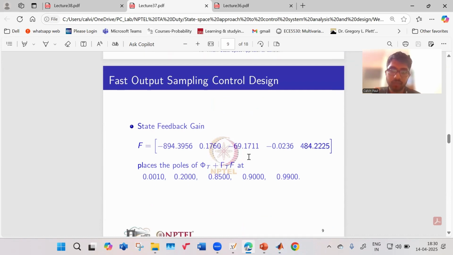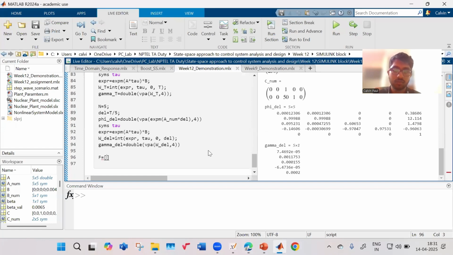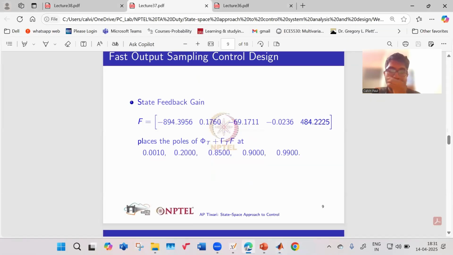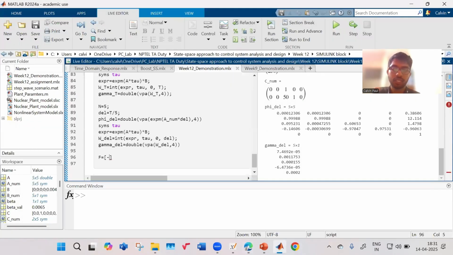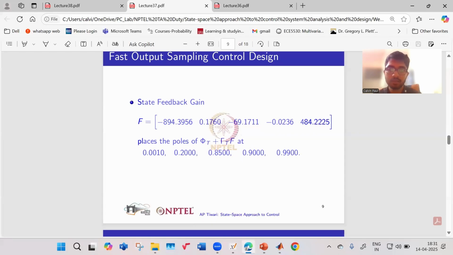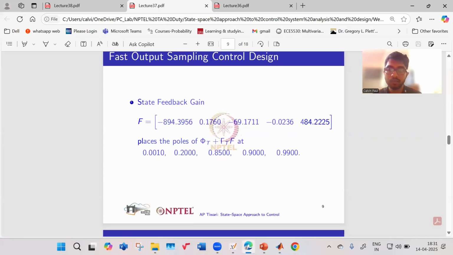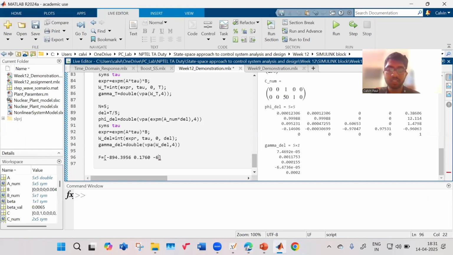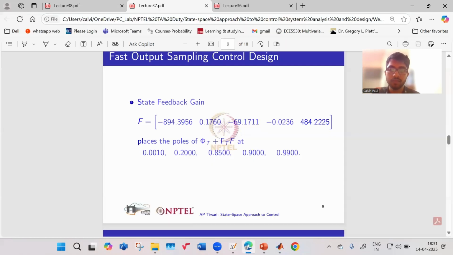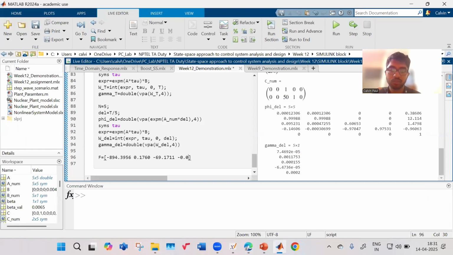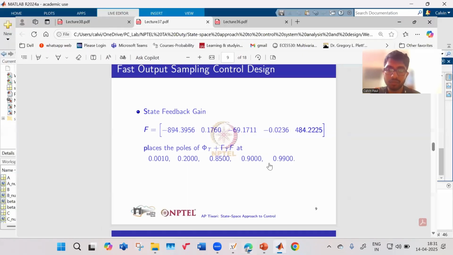So let us say f is equal to minus 894.3956, then 0.1760, then minus 69.1711, then minus 0.0236, then 484.225.